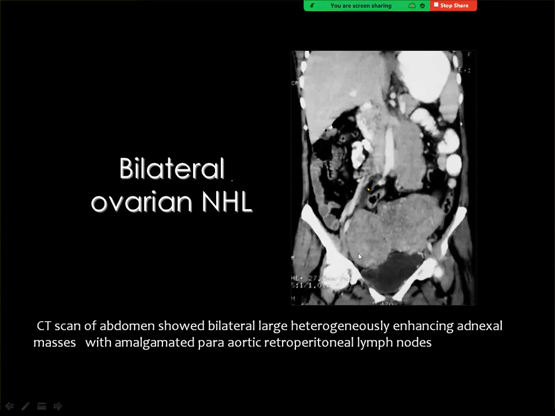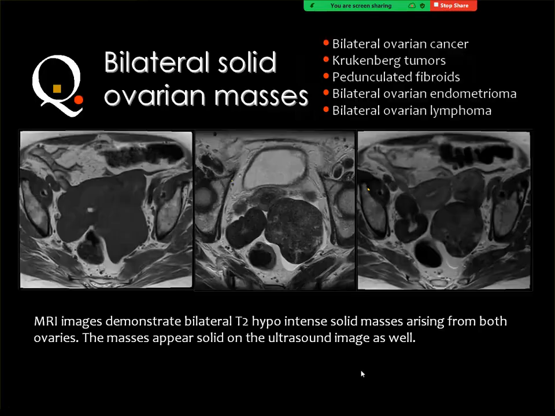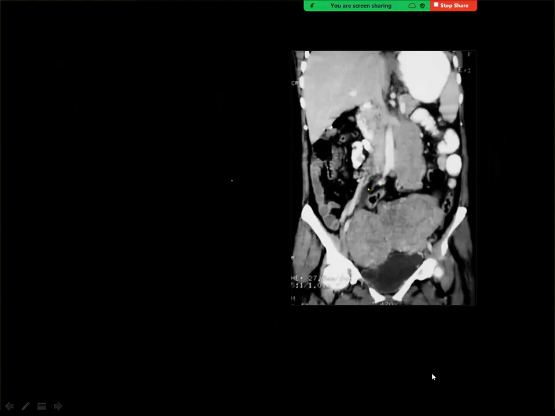Two big masses in the region of the ovary, as well as enlarged, bulky, homogeneously enhanced lymph nodes. The previous case is not histologically diagnosed, but if you are confronted by a similar case in the exam, you provide the differential diagnosis that I have said, including bilateral ovarian cancer, Krukenberg tumor, pedunculated fibroids from the uterus, bilateral ovarian endometrioma, and bilateral ovarian lymphoma.